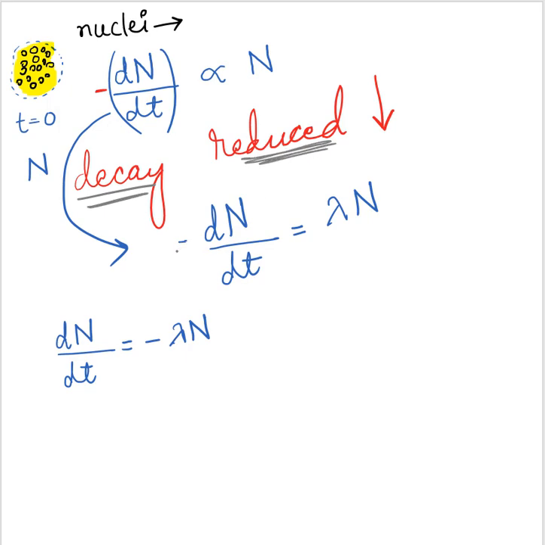This negative sign only denotes that its number is coming down, nothing else. And lambda is the decay constant.